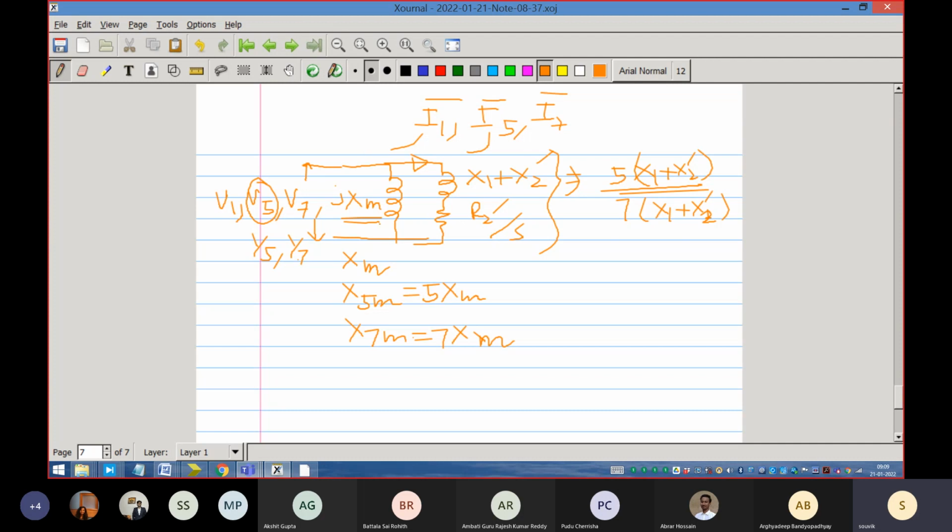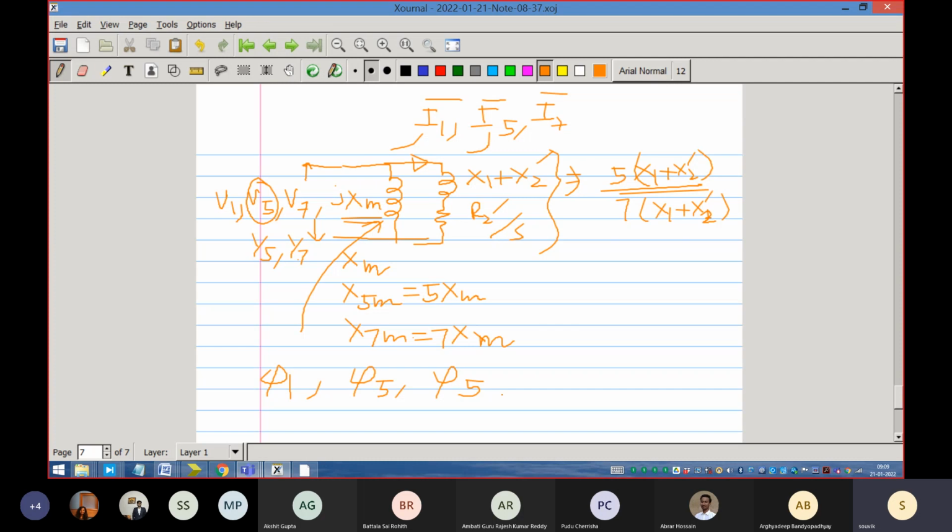Similarly, there are fluxes. There will be fluxes of phi 1, phi 5, and phi 7. Okay, what is the flux here? The flux here is just the magnetizing current times this. The magnetizing current itself is less, but it is still there, because there is a finite value of XM.